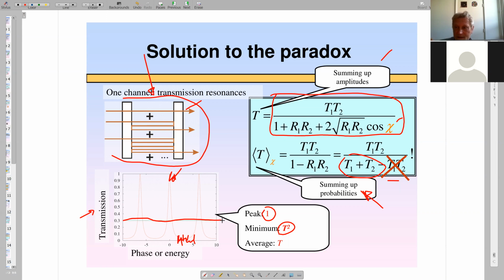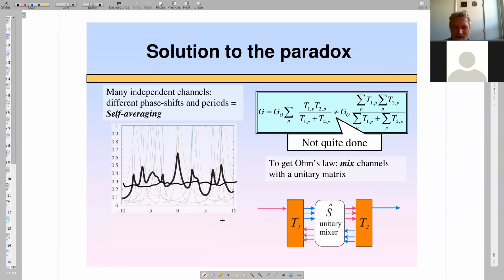Fine, that we did for one channel, and we averaged over this phase factor rather artificially, right? We could make many identical structures with different phase factors. We can sweep this phase factor, modulate it with a gate. But anyway, it would be a rather artificial procedure. So let us try to do it for many channels.